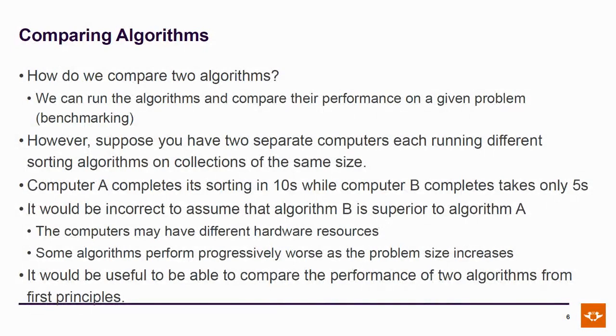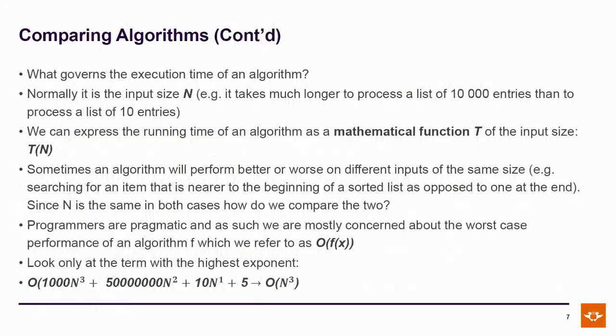We just said the problem size was the same. We didn't say what it was. So some algorithms work fine on small problems, but really get bad as the problem size increases. So it would be useful to be able to compare the performance of those two algorithms from first principles.